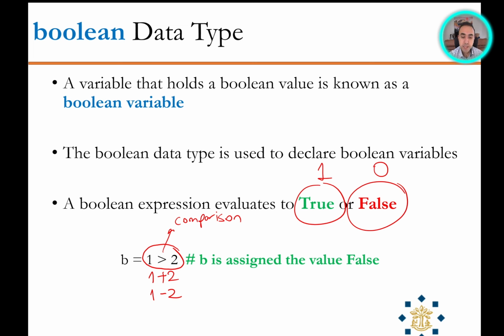So that's why we need some comparison. For instance, radius greater than 0 was our motivation. In this example, we have comparison 1 greater than 2. This is false because 1 is smaller than 2, right? So here B is assigned the value false.